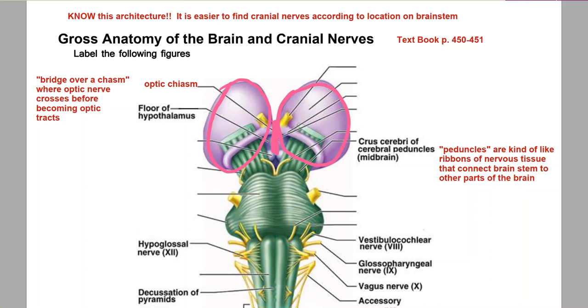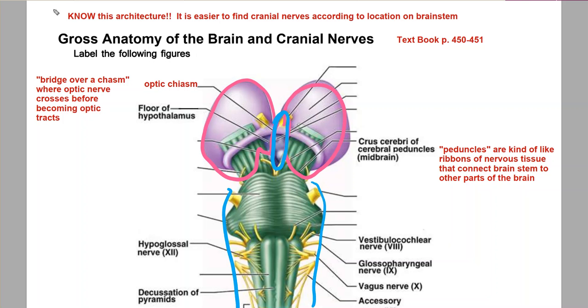There's going to be a little space in the middle between these two walnut halves that's actually open. So it's like a walnut half coming together and a walnut half coming together, and then there's going to be a little liquid-filled space kind of in between. So that's your thalamus. And then your brainstem kind of extends down from there. So all of this is brainstem.